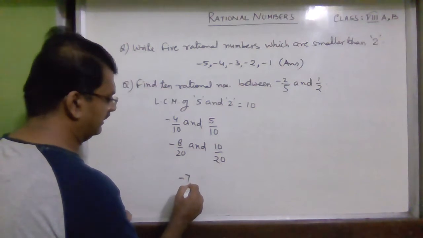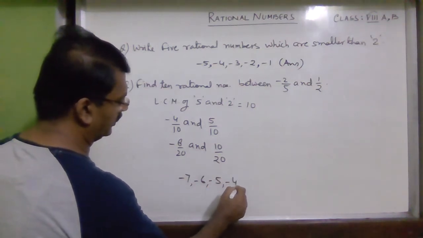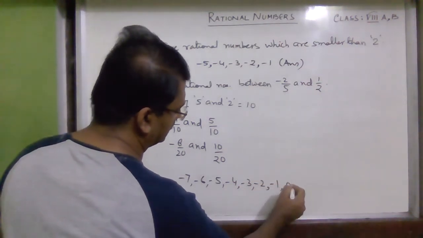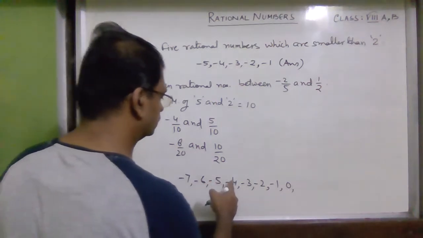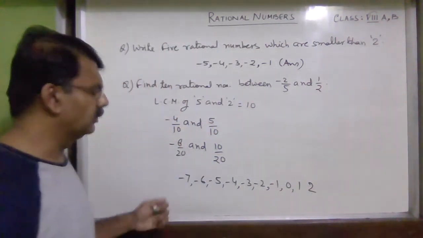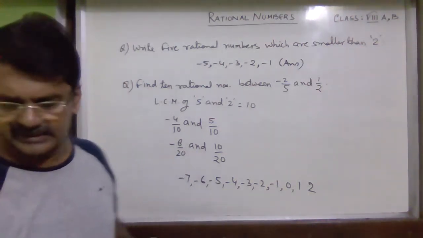That is minus 7, minus 6, minus 5, minus 4, minus 3, minus 2, minus 1, 0, 1, 2. You can take a different set of 10 numbers also. I have taken these 10 numbers.